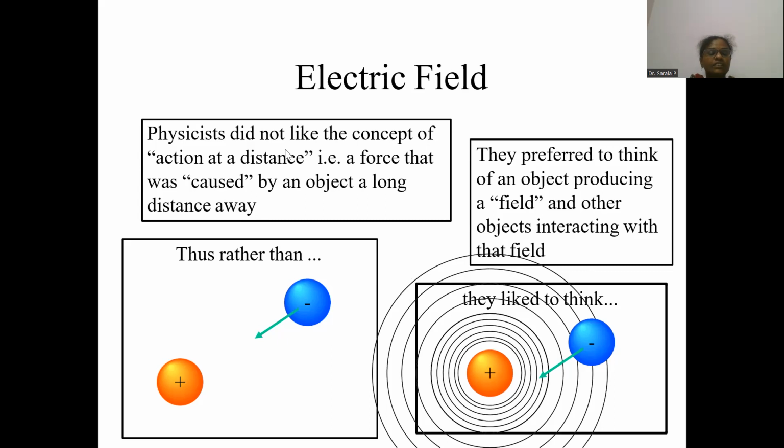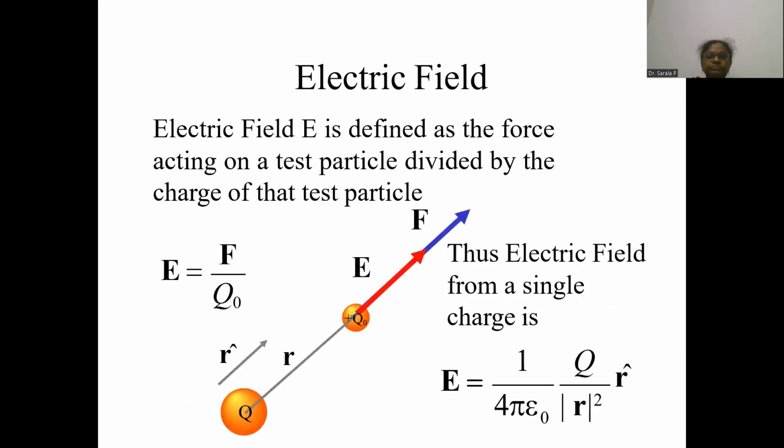Okay. Now physicists did not like the concept of action at a distance. By Coulomb's law, if we go on increasing the distance, what happens? The force becomes very weak. So here a field is developed around the charge, which is called the electric field. So what is this electric field?